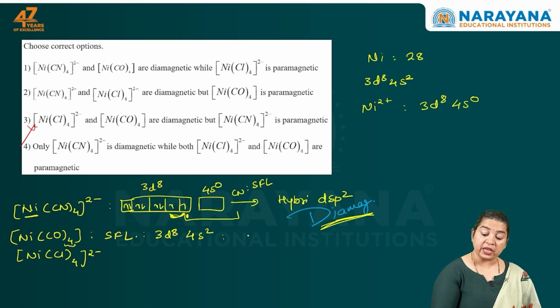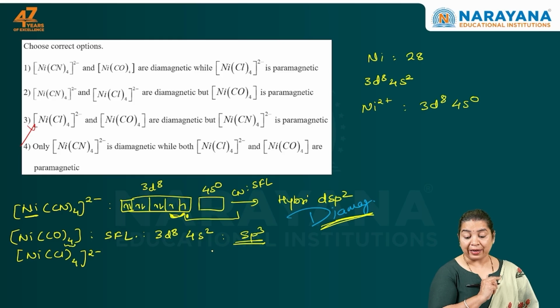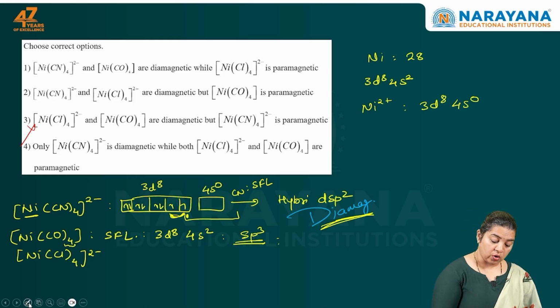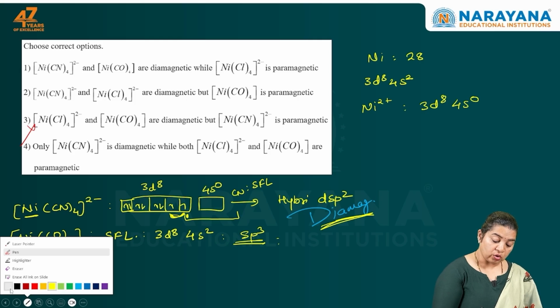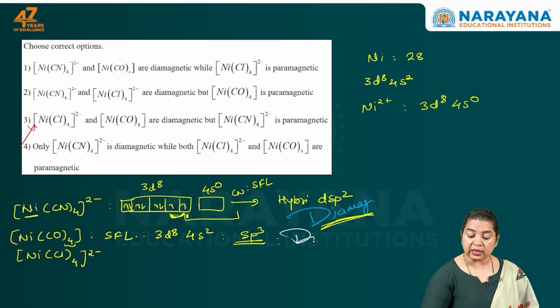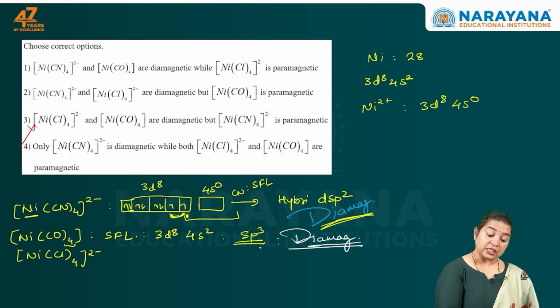Even if pairing is done, hybridization will be sp3, but the number of unpaired electrons is going to be 0. And if 0, again we will call it a diamagnetic compound. So I want the CN4 and CO4 complexes as diamagnetic, and if so, option number 1 seems to be okay.